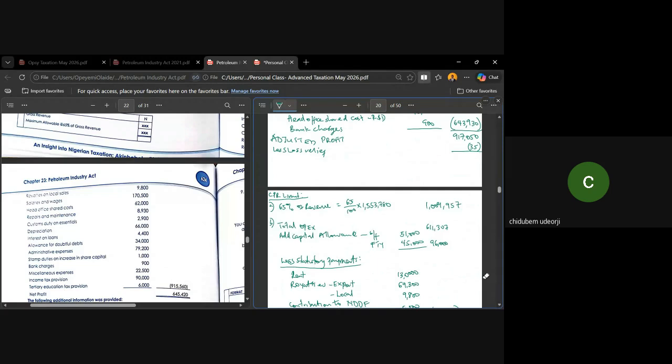Assessable profit, 917,015. Then with less capital allowance, we have what? 25. 916,990.